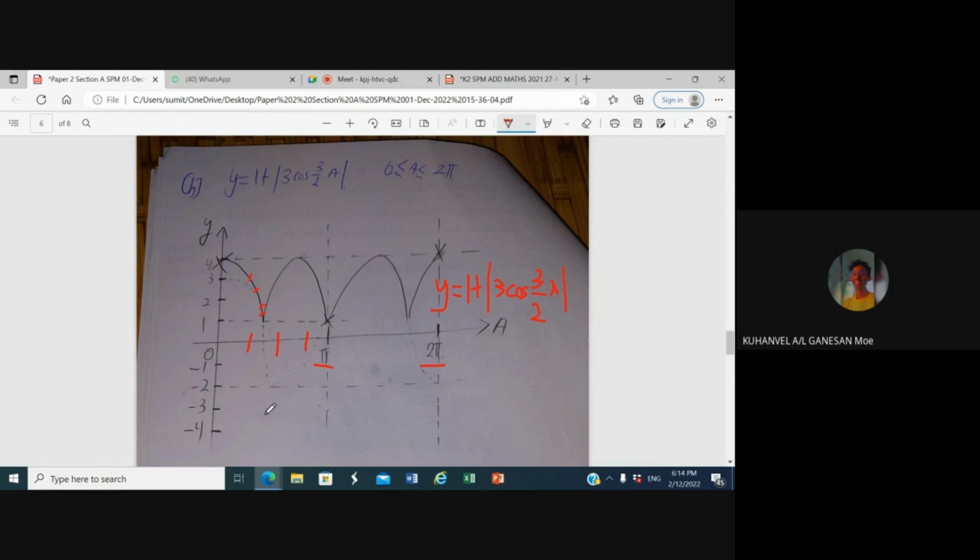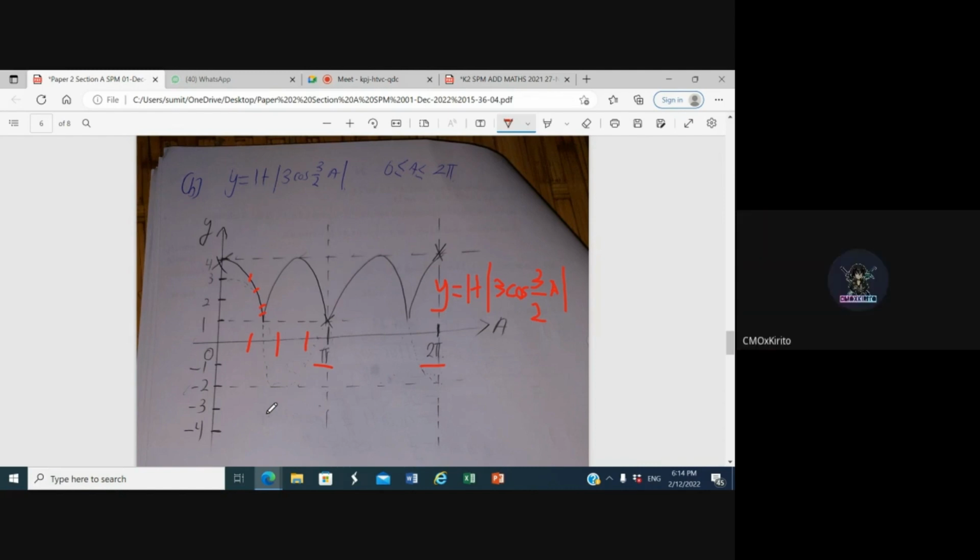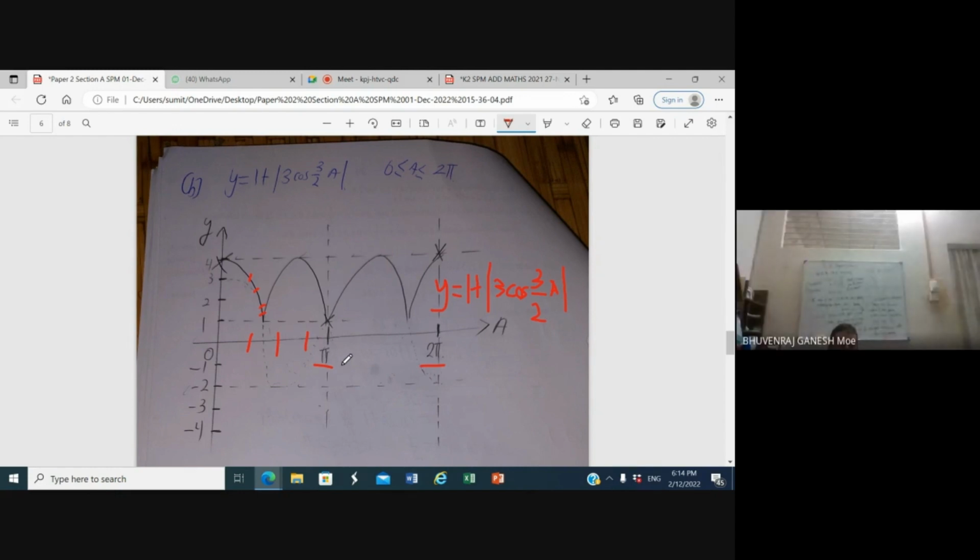So 1 over 2 pi, pi, 3 over 2 pi, and 2 pi. So for this 3 over 2, I'll times 4, so it'll become 6. You can divide it by 360, change it to radian, and then you can do it if you want to be precise, but you can just choose the easy way and do pi and 2 pi.